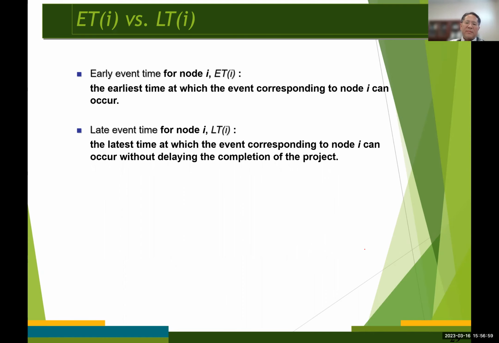And the LT stands for the late event time, or the latest time. That is the latest time at which the event corresponding to node I can occur without delaying the completion of the project. In other words, the latest time is the latest time at which event I can occur if the project is to be completed in minimum time, okay?